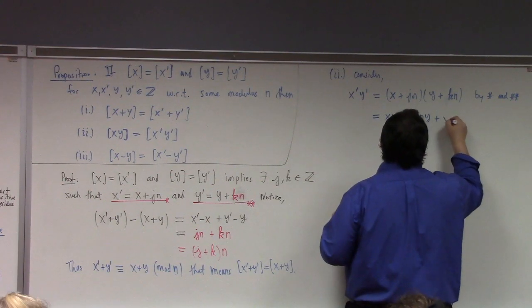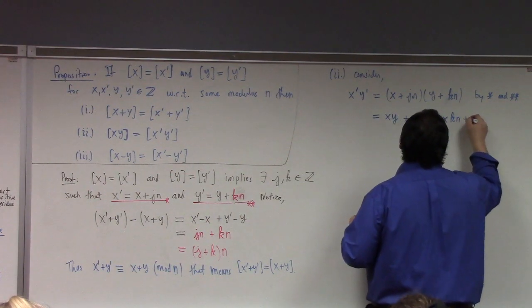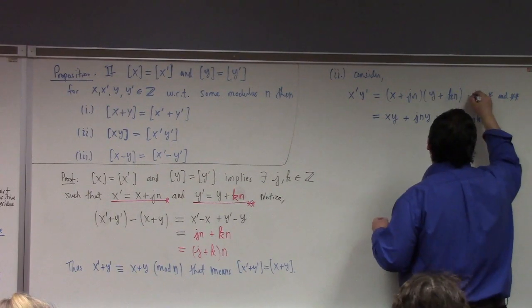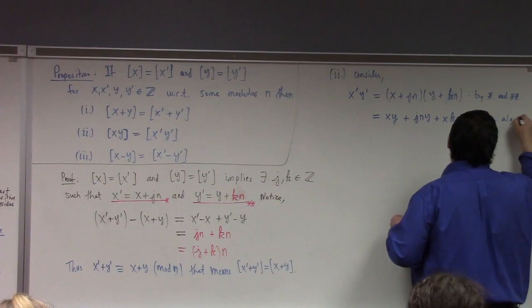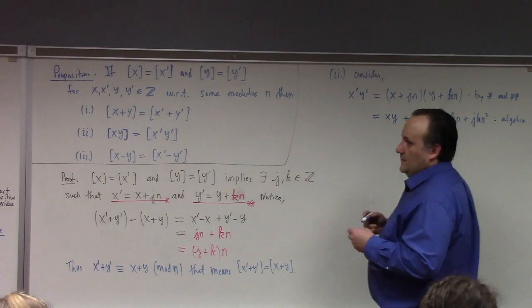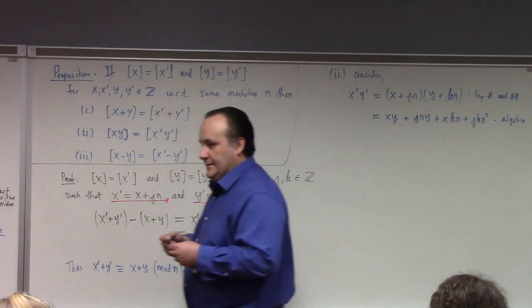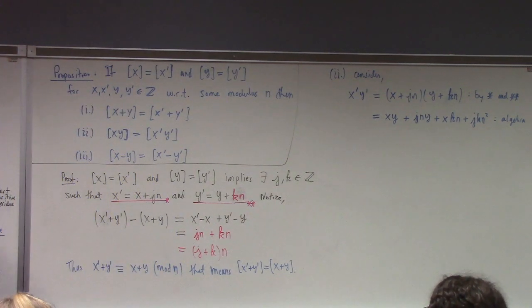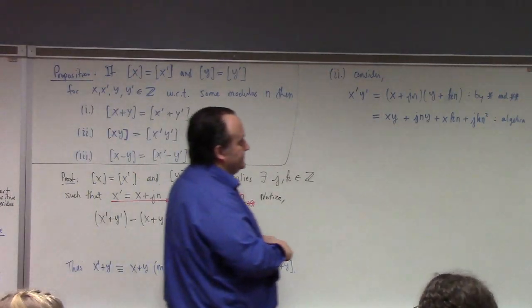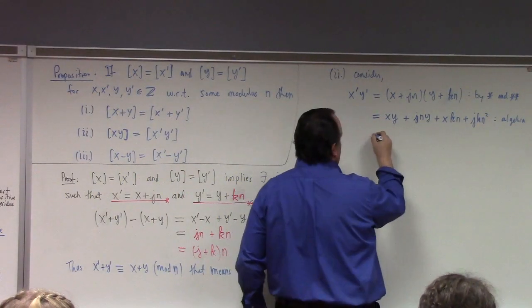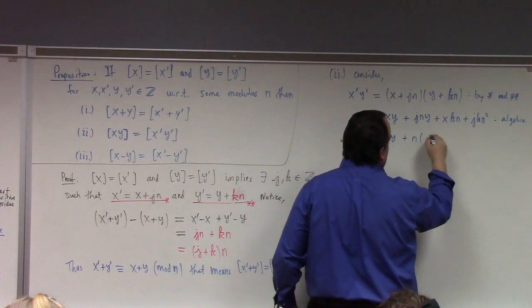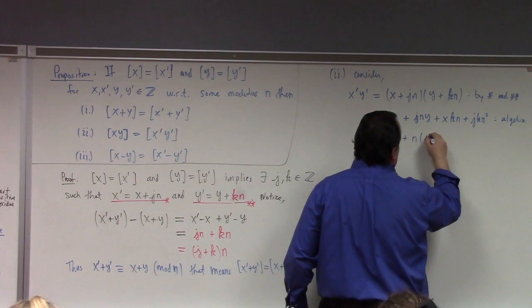Plus xkn plus jk n squared by algebra. Anyway, commentary from the hallway aside, what do we have here? We have xy plus n times what?